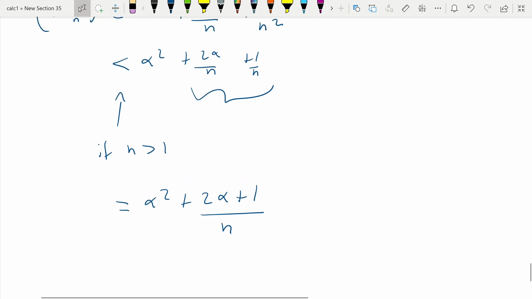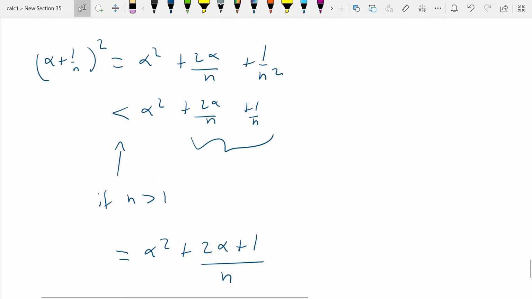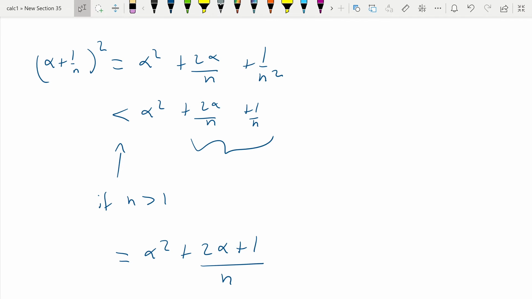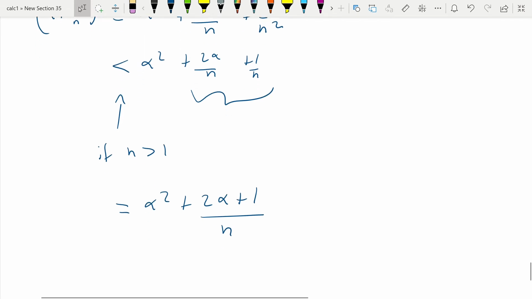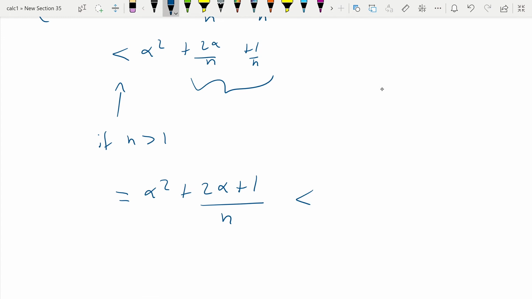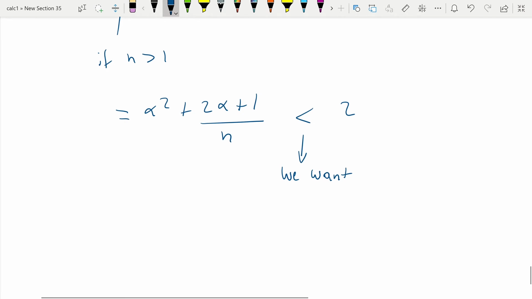And what do we want to make sure now? We want to make sure that (alpha + 1/n) squared is less than 2. So we want that this is less than 2.